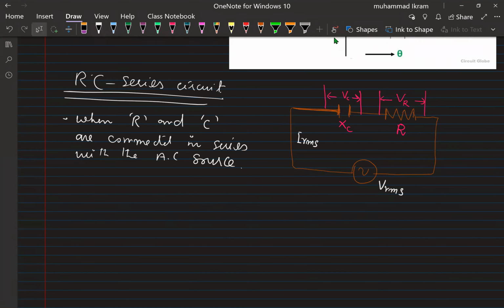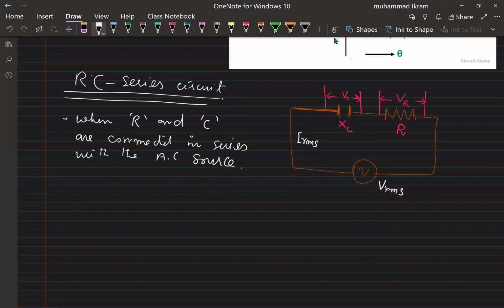In the RC series circuit, we will calculate the total resistance of the circuit, and we would like to look into whether it is the sum of Xc and R or something else.